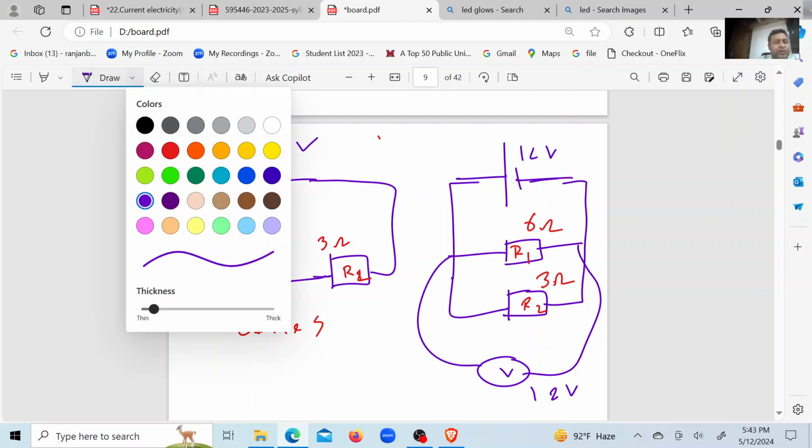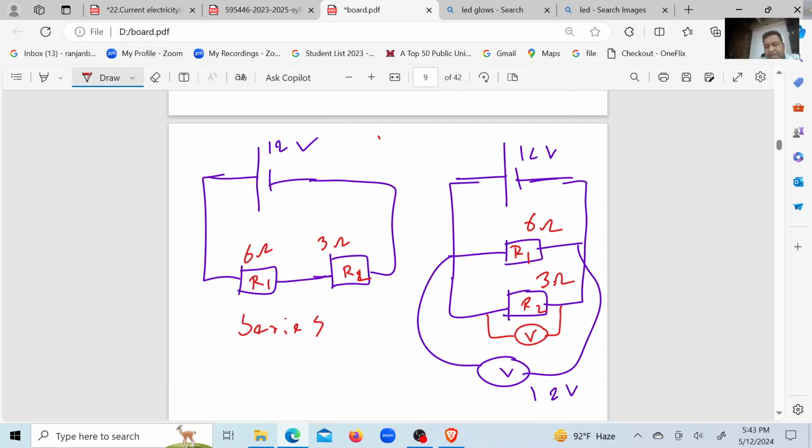But if you connect two other voltmeters individually across these two resistors, that voltage will be 12 also. That is the fact of parallel connection. Overall voltage and single voltages are the same. Current will be different.